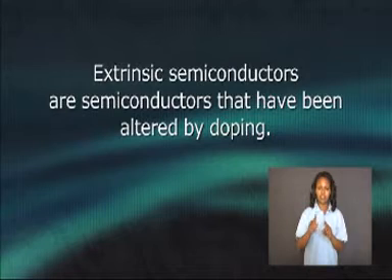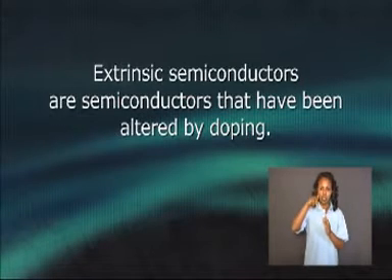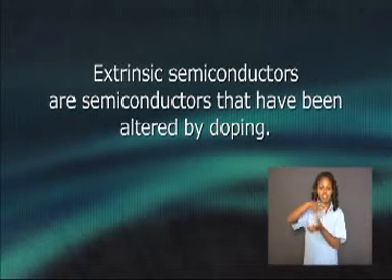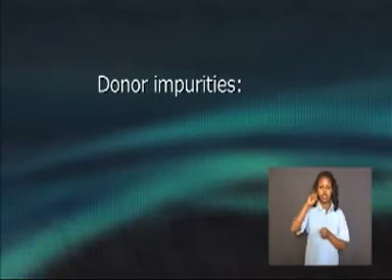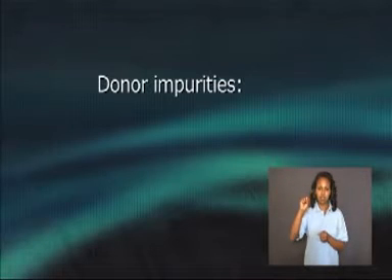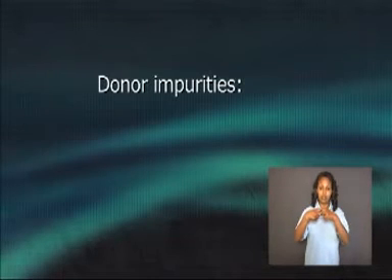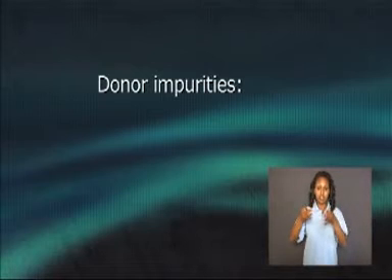When scientists conduct doping, they produce extrinsic semiconductors. Dopants, which are the impurities added to extrinsic semiconductors, are classified into two types: donor impurities and acceptor impurities. Donor impurities donate excessive electrons to semiconductors for conduction.